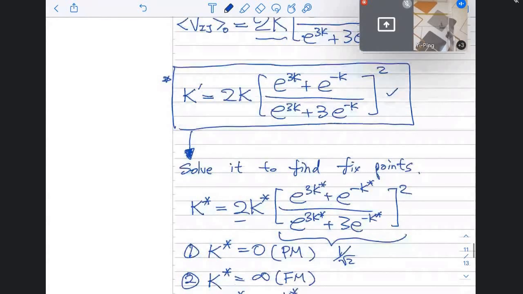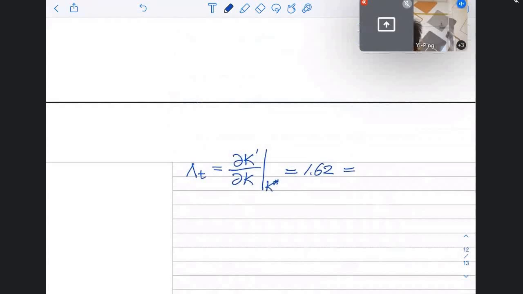So why is this value useful? Because it is related to the scaling factor L to the power of yt. And we know the scaling factor of L for one RG step, then you can get yt. You can see this yt is probably reasonable.